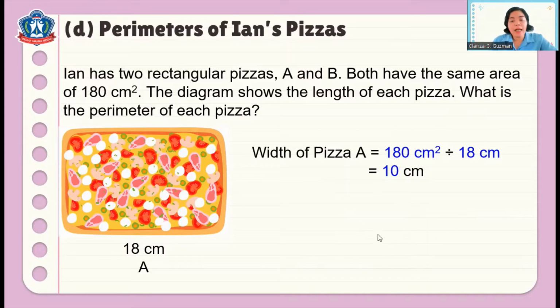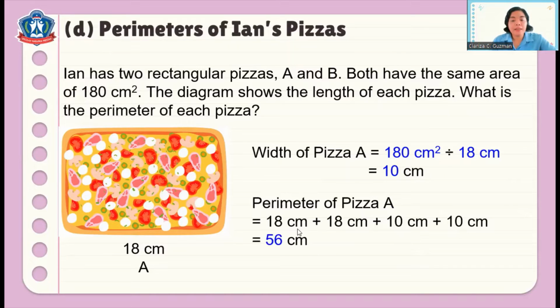So if we already have the width, which is 10, we can find now the perimeter. Again, how to get the perimeter of a rectangle? Add all of its sides. So 18 centimeters plus 18, because we have two 18, and we have two 10, so 10 plus 10, the total is 56 centimeters. So the perimeter of this pizza is 56 centimeters. How about the second pizza?